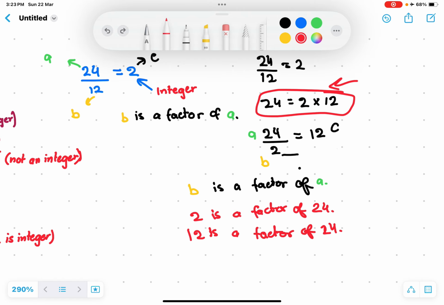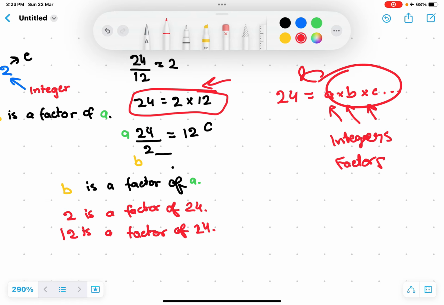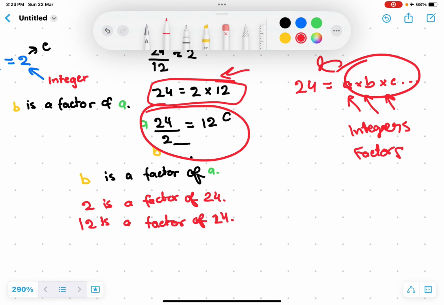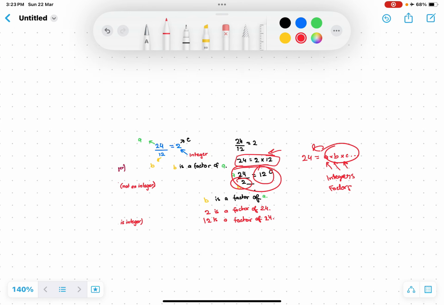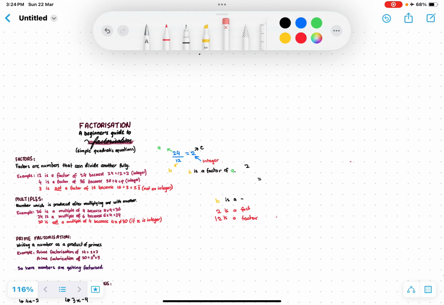So if you can write 24 is equal to A times B times C dot dot dot, and all of these are integers, then those are factors. Okay, those are all factors of 24, because every time we rearrange it into something like this, we will be able to get an integer value on this side, and we will be able to get a factor over here. Okay, so that's basically what factors are.